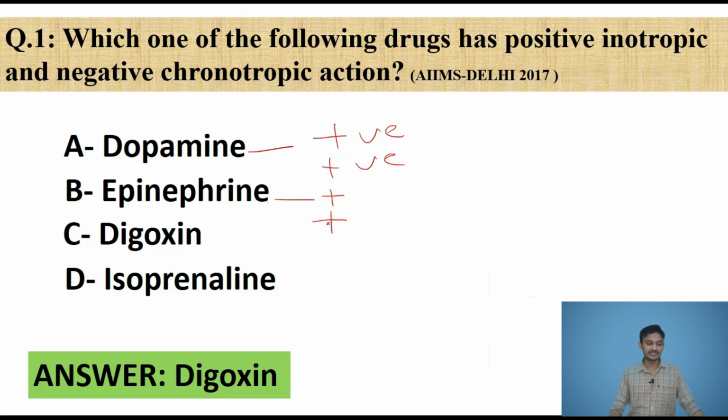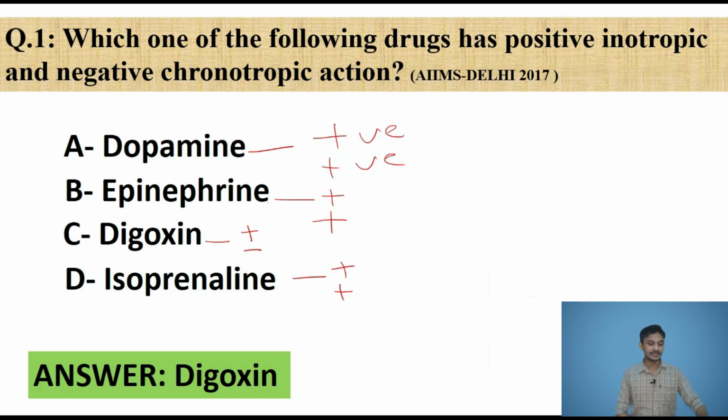The answer was digoxin. It has got positive inotropic and negative chronotropic effect. Isoprenaline has also got positive chronotropic and positive inotropic action. Hope you understood this question. Digoxin has got positive inotropic and negative chronotropic action. Digoxin is a cardiac glycoside.